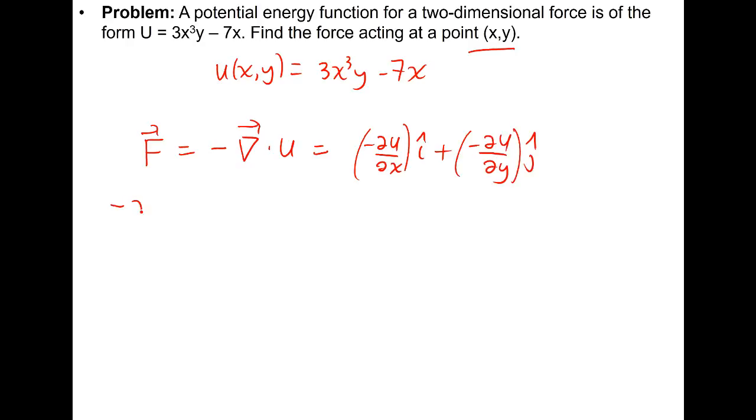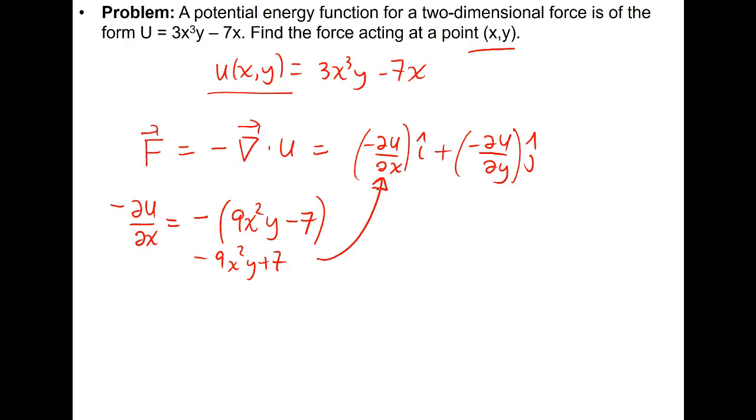So let's just write this out. Negative partial u partial x means basically take the function and pretend like y is a constant. Then just do the derivative. So in this case, it would be the negative of 9x squared y minus 7. Okay, so 9x squared y plus 7.